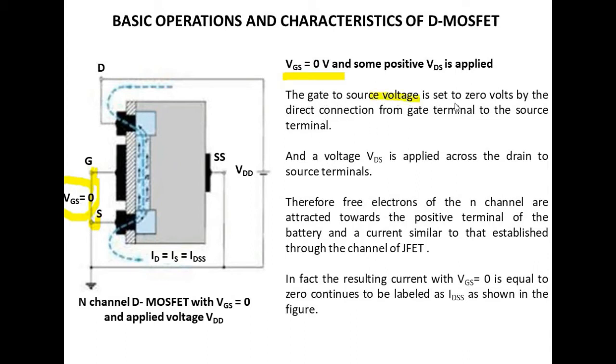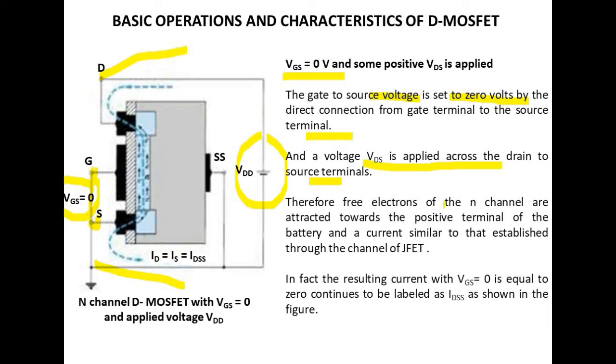The gate to source voltage is set to 0 volts by the direct connection from the gate terminal to the source terminal, and the voltage VDS is applied across the drain to source terminal, that is between drain and source a voltage of VDS is applied.